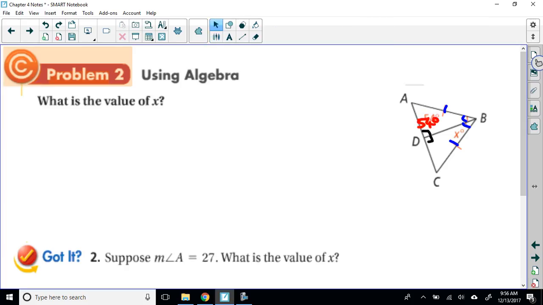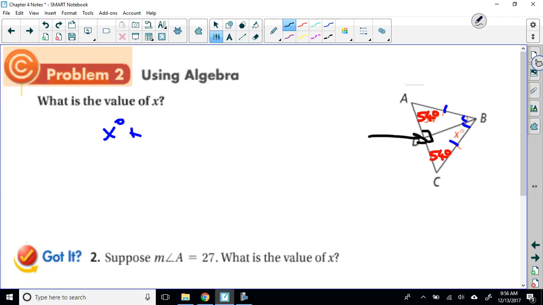So if there's a 54 here and these are an isosceles triangle, we would know that there's also a 54 down here. And if you recall the triangle sum theorem, we would know that x degrees plus this right angle, 90, plus the 54, all of those would have to add up to 180.